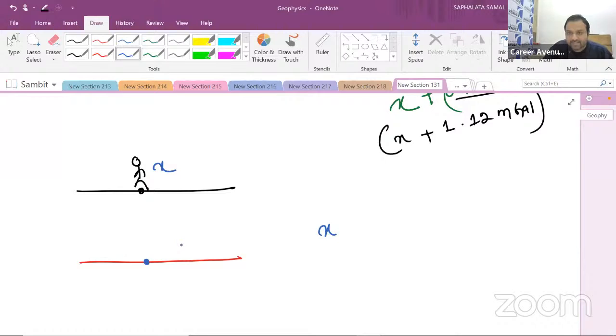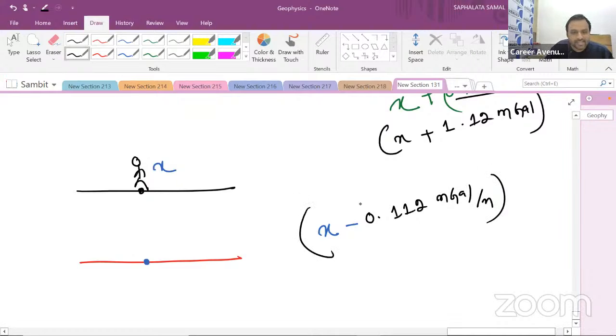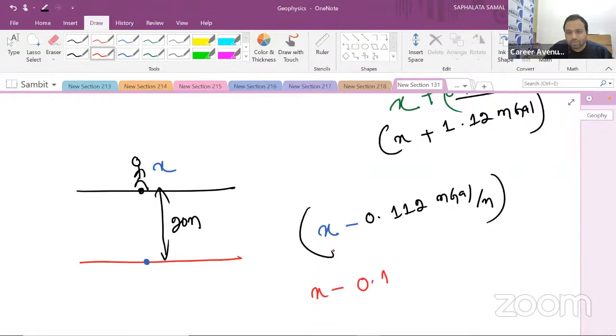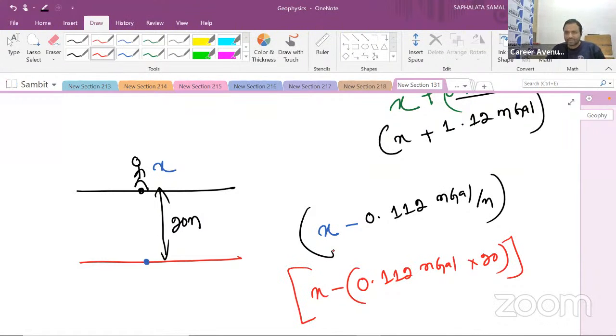I have to subtract 0.112 milligal per meter. If this height is, let's say, 20 meters, then it will be x minus 0.112 milligal into 20. I will subtract this much.